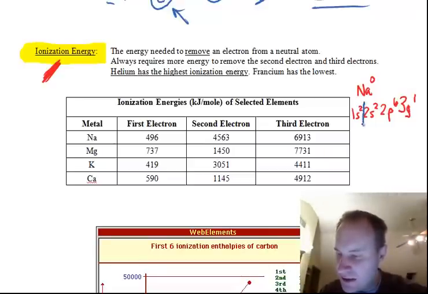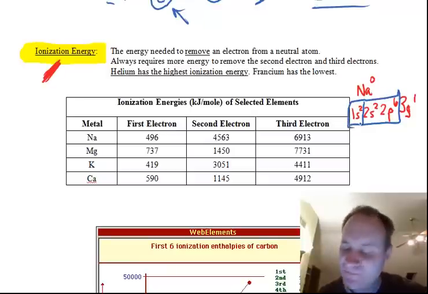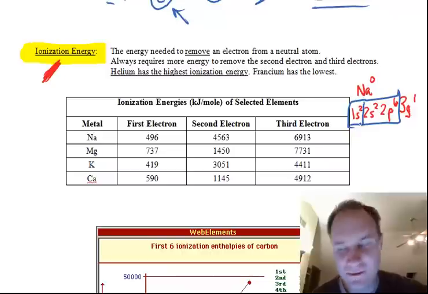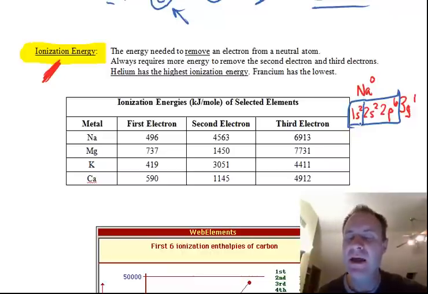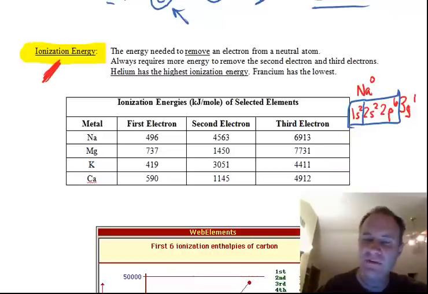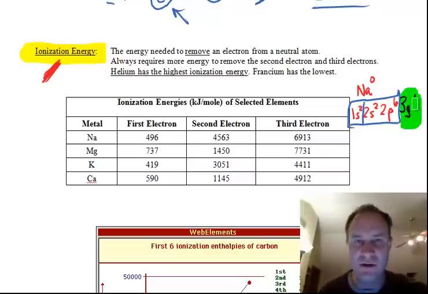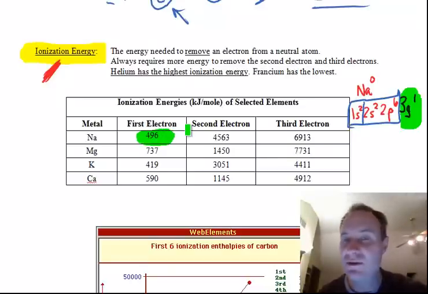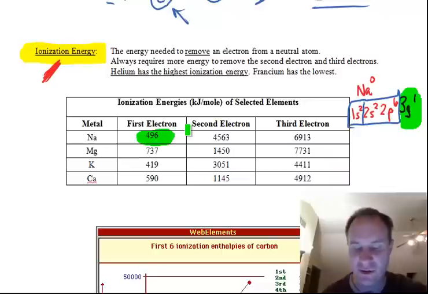The first energy level is full. I'm going to wall it off. The second energy level consists of 2s2 and 2p6. That is also basically locked in a box. Then we've got the 3s1 electron. If you would like to take the 3s1 electron, go for it. It'll cost you a little bit of energy, 496 kilojoules per mole.